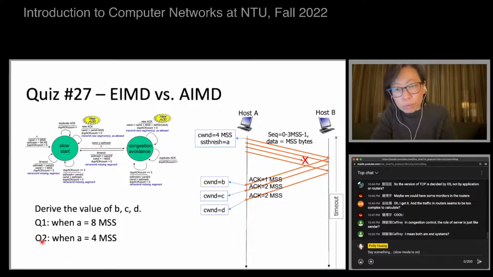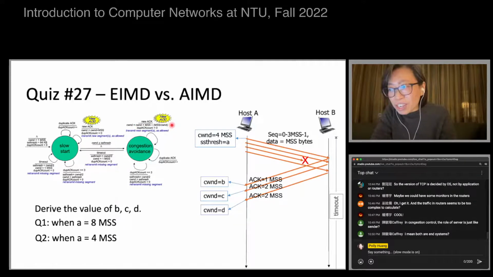What about Q2? Whoa, threshold is 4 and congestion window size is 4. That means we are then in the congestion avoidance phase. When we receive an ACK in the congestion avoidance phase, what do we do? We also increment the congestion window size, but the formula is different.